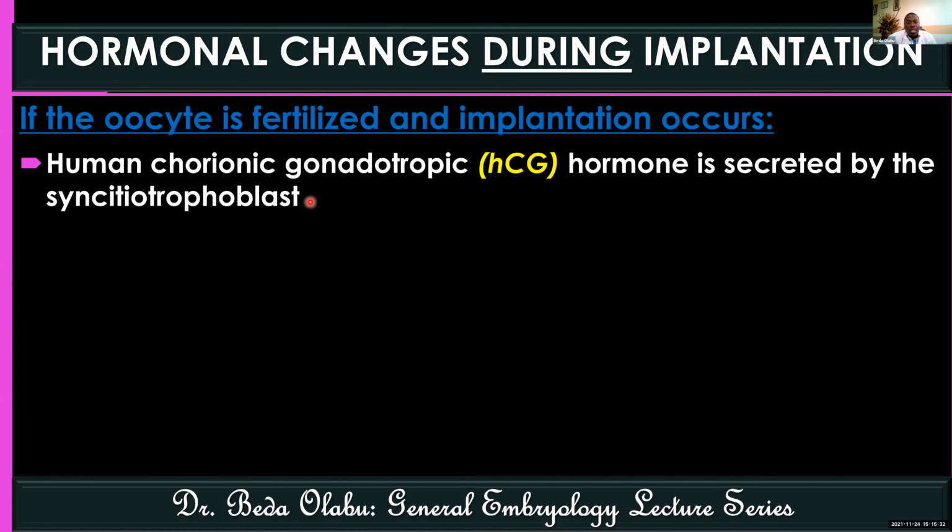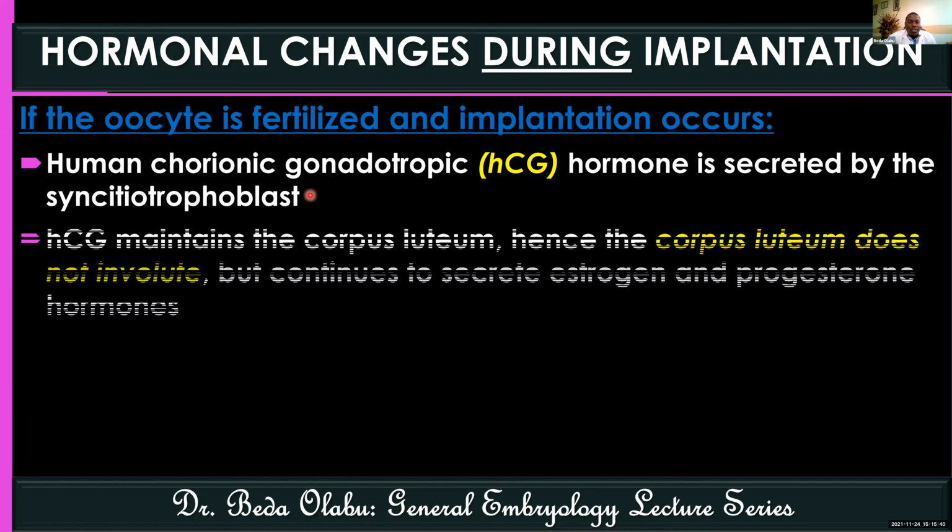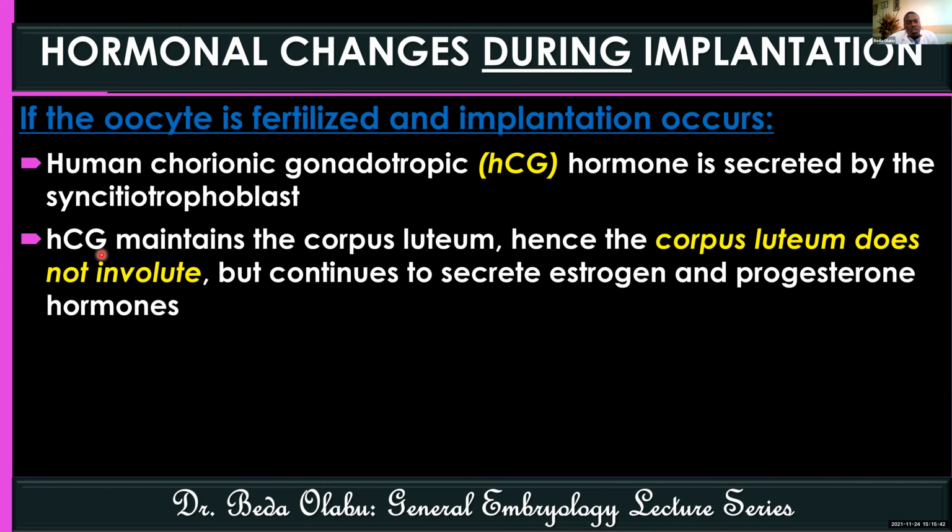This syncytial trophoblast that produces HCG is the one that was being used during implantation. The role of HCG is to maintain the corpus luteum so that it does not disappear but remains in the ovary, which means it continues to produce progesterone and estrogen hormone.